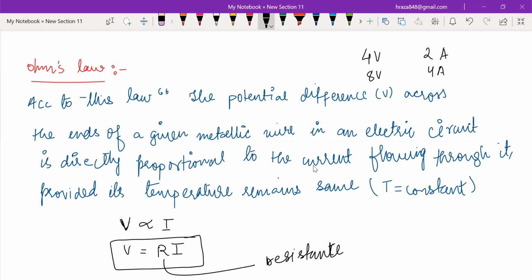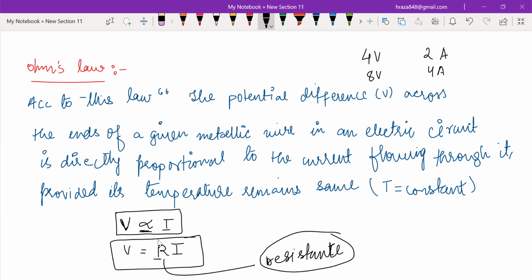That means potential difference is directly proportional to current, and this proportionality sign we remove with a constant, R, which is resistance. Is that clear? Yes, sir.